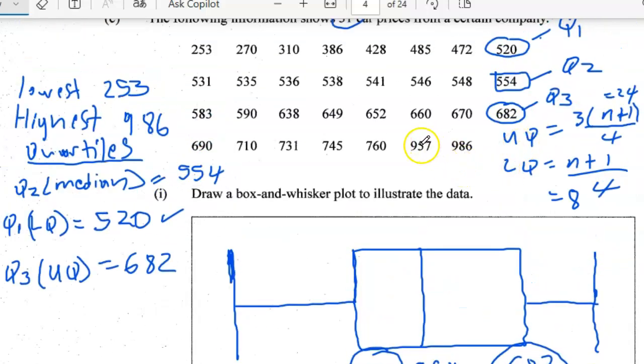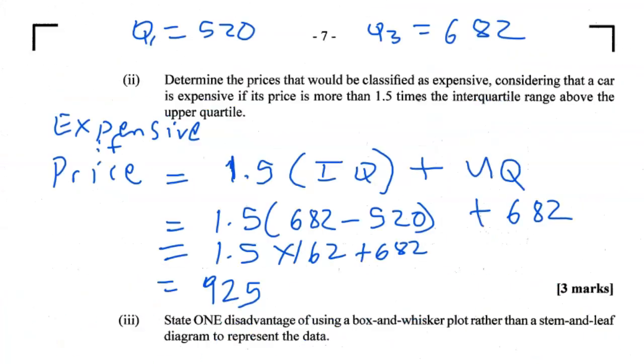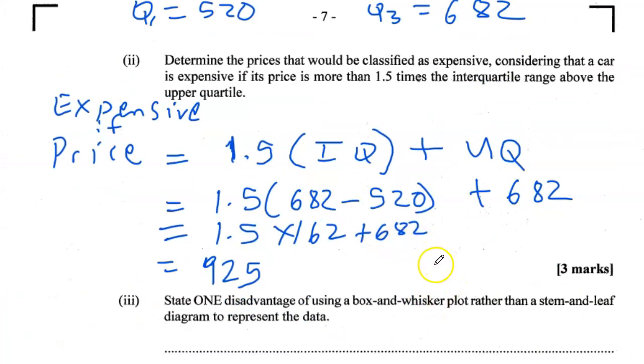The prices above 925 are these two prices, 957 and 986. These two prices we consider to be too expensive.